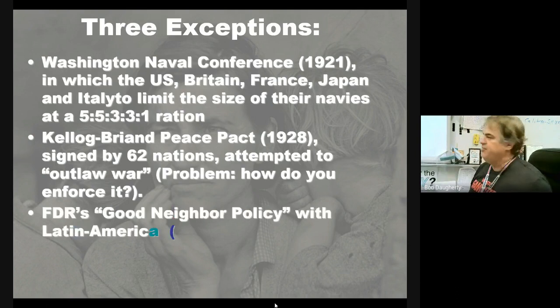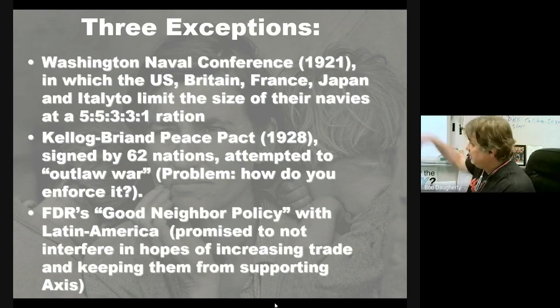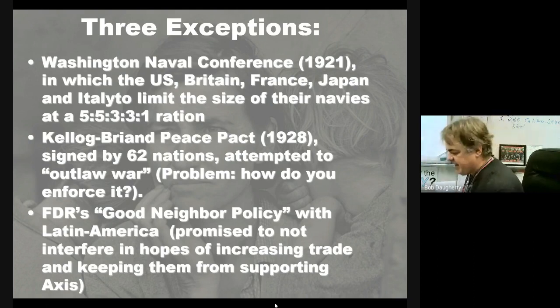The other thing that we had, and this is definitely something that AP could bring up as well as Kellogg-Briand, but definitely Starr brings it up, is Franklin Roosevelt followed up on what Hoover had started. We had to mend fences with Latin America. Remember, we had invaded a lot of their countries. We'd invaded Mexico on several occasions.